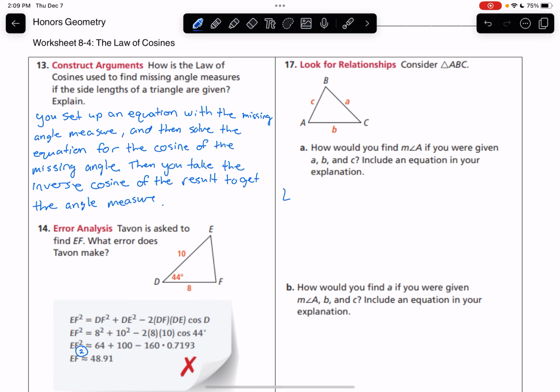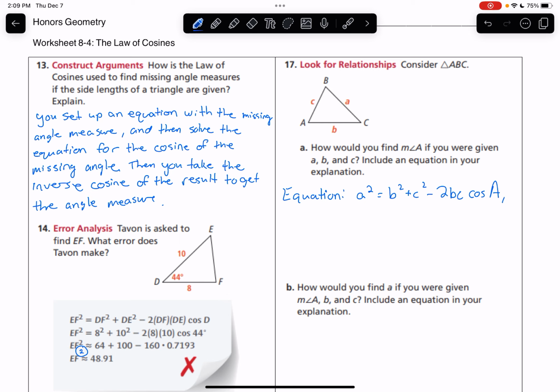So the equation would be the version that is a squared equals b squared plus c squared minus 2bc cosine A. And that would allow us to find the angle A. Then we would find the inverse cosine of the result.